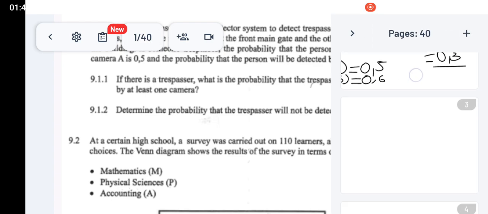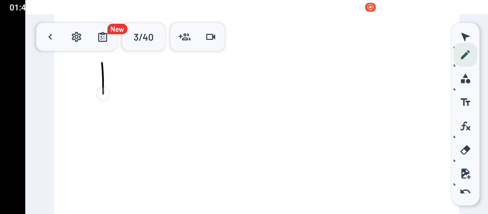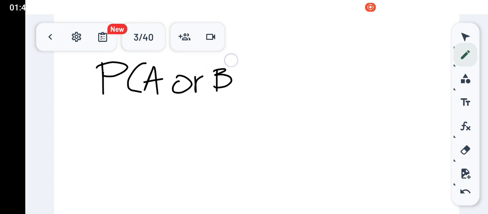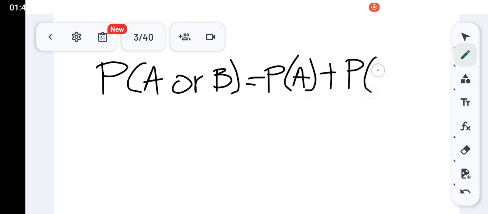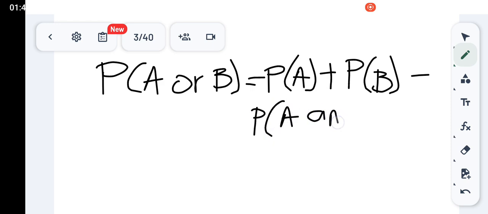So to calculate the probability of at least, we will write the probability formula, which says probability of A or B is equal to probability of A plus probability of B minus probability of A and B. Interesting. So what are we looking for?